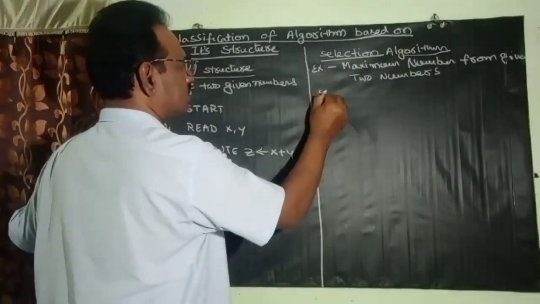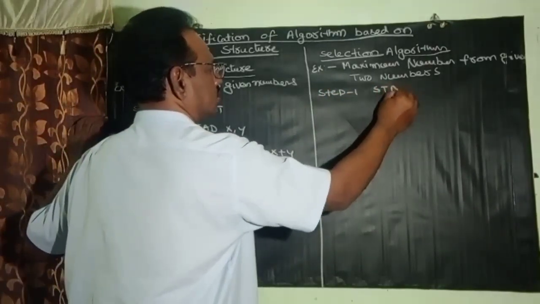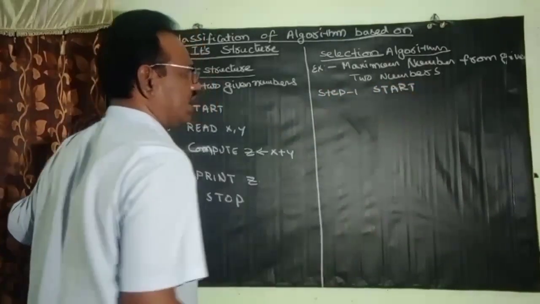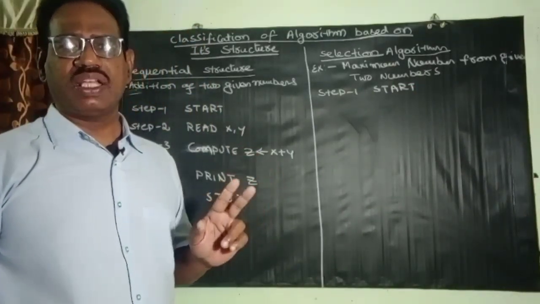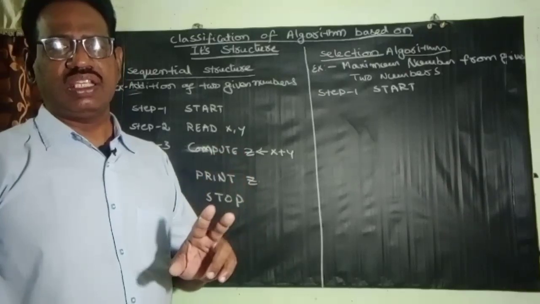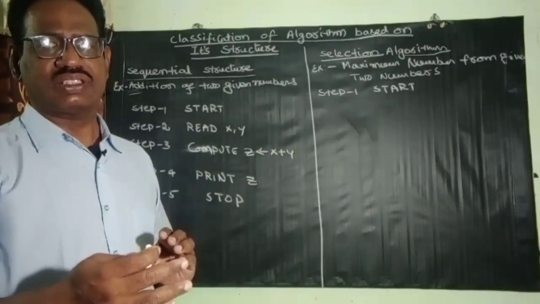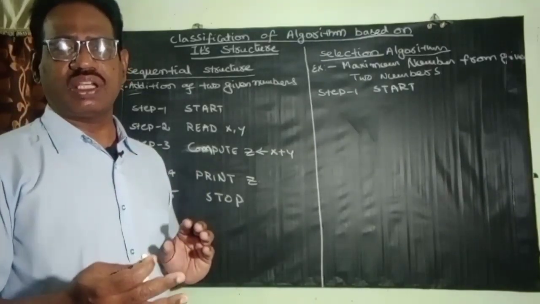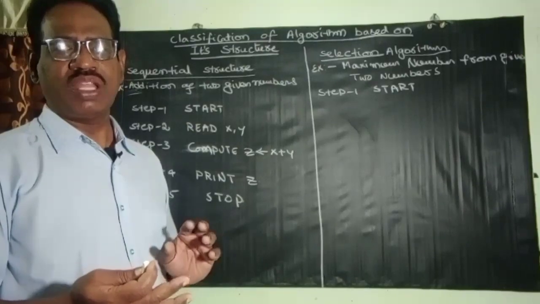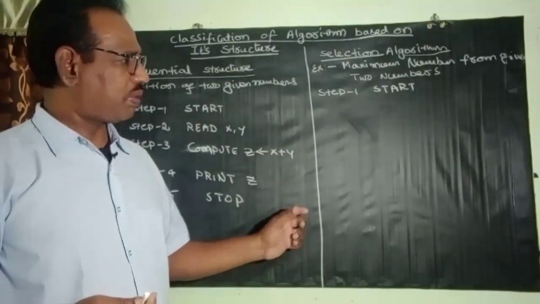First step is we have to start, and here I am going to read two values from the user, and I am going to compare x with y. If x is greater than y, I have to put the maximum value equal to x. If x is not greater than y, then y is the maximum. Like that I am going to compare, and if the condition is valid, then that part of the statement will be executed.